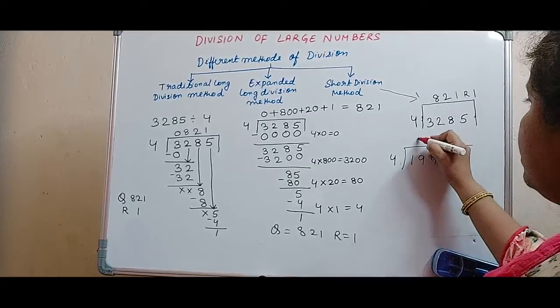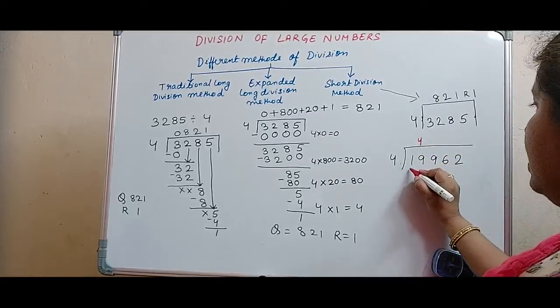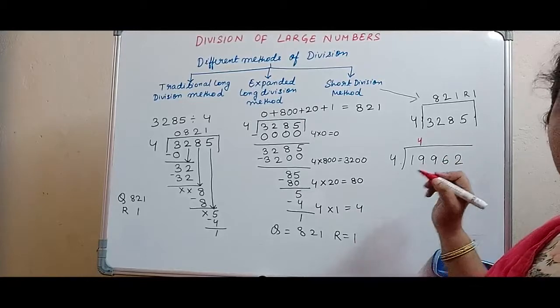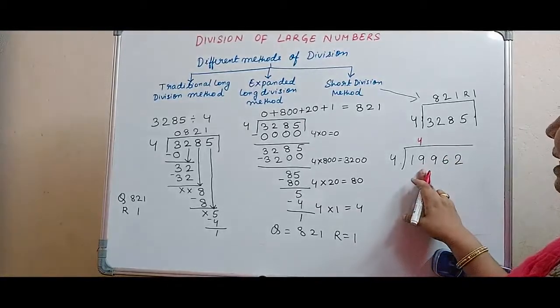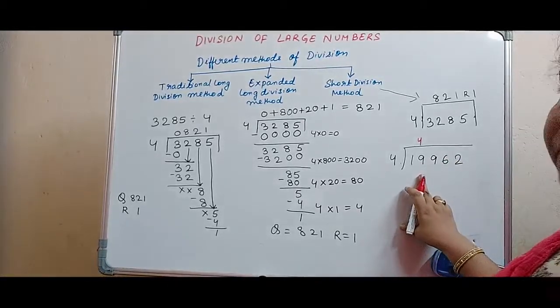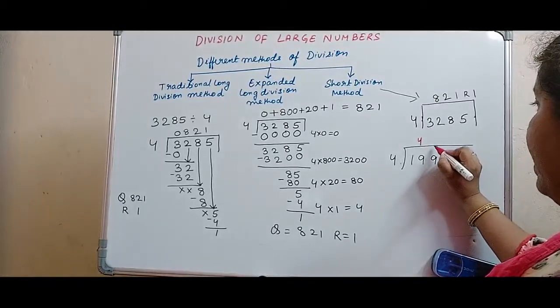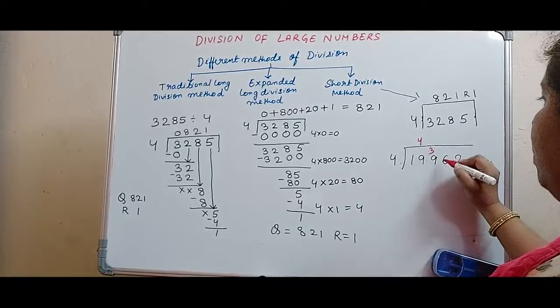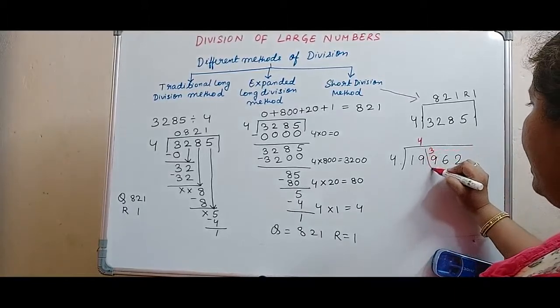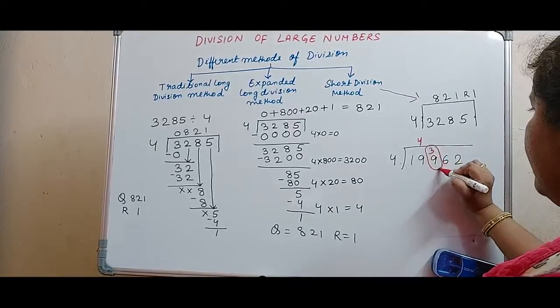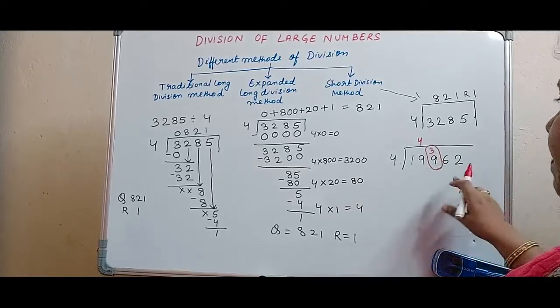Now 16 you will not write, you have to keep it in mind. 19 minus 16 is 3. Above the next digit 9 you have to write 3, because this is carried to the next digit. So 3 and 9 you have to consider as the next partial dividend.